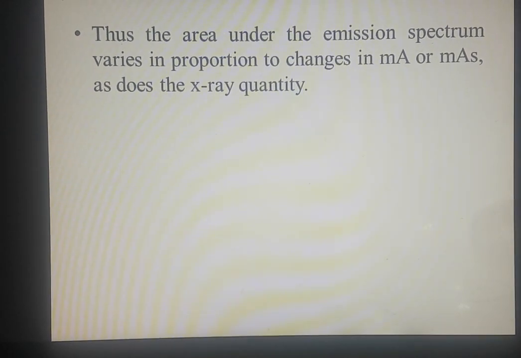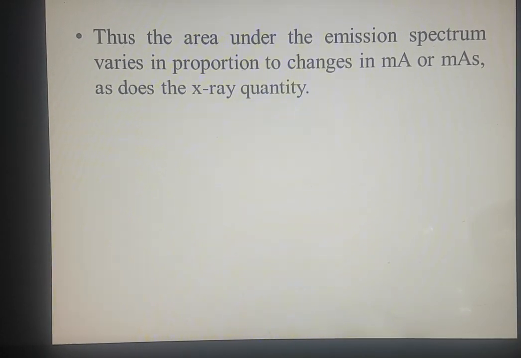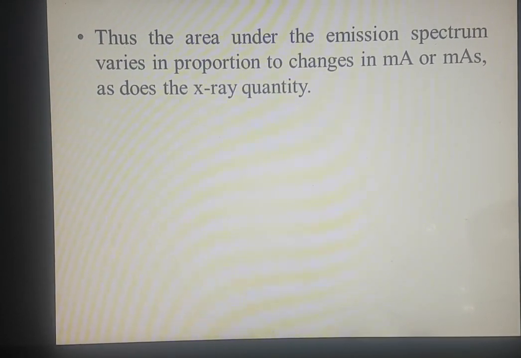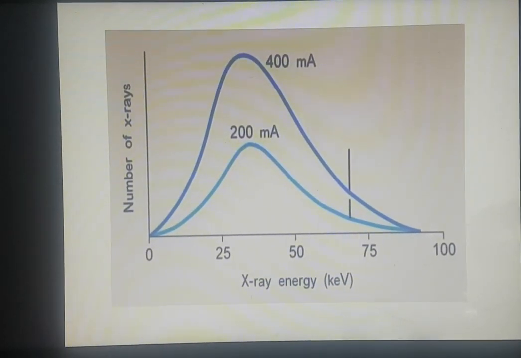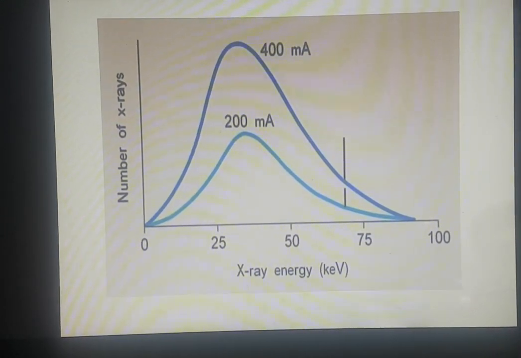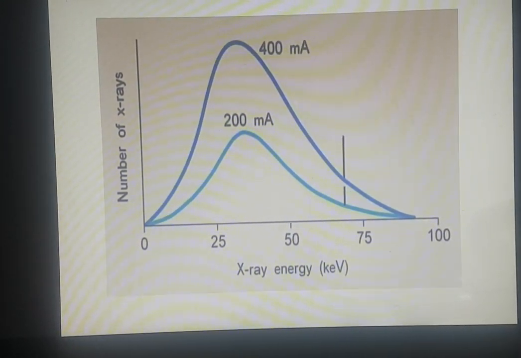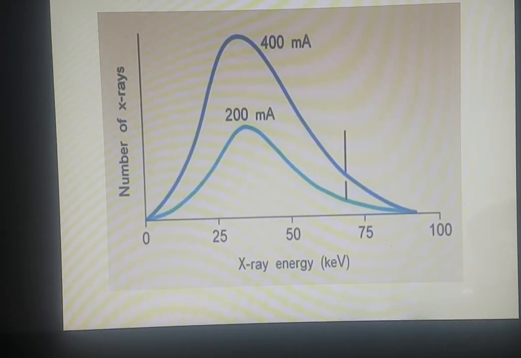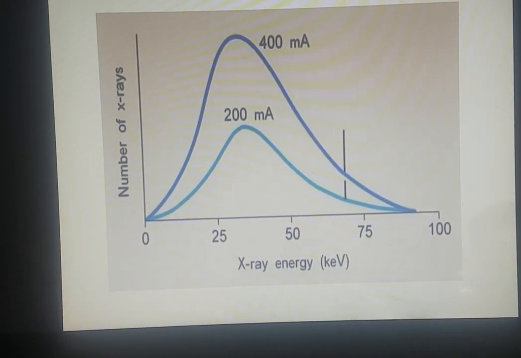Thus, the area under the emission spectrum varies in proportion to changes in the MA or MAS, as does the X-ray quantity. We can clearly see in this image that by increasing the milliamperes, the area under the curve or amplitude has also increased, or it has doubled.